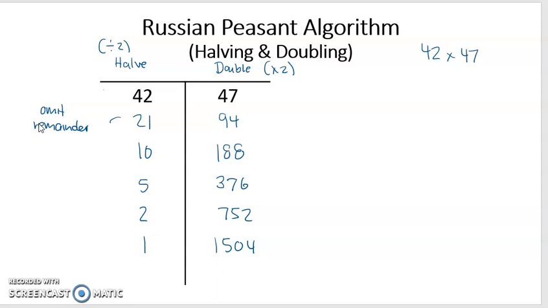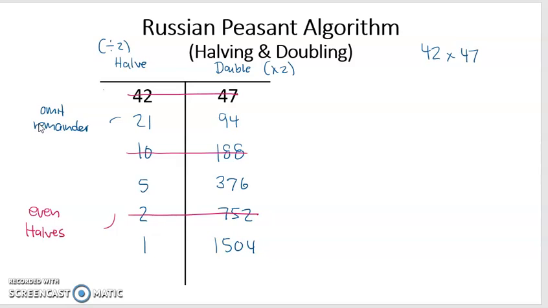So 42 is even, so I'm going to cross out that whole row. 21 is odd, that's okay. 10 is even, I'm going to cross out that whole row. 5 is odd, I'm going to keep it. 2 is even, I'm going to cross out that whole row. So halve, double, cross out the even rows.